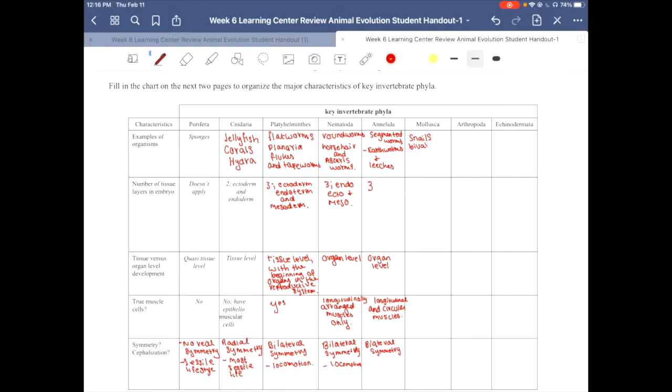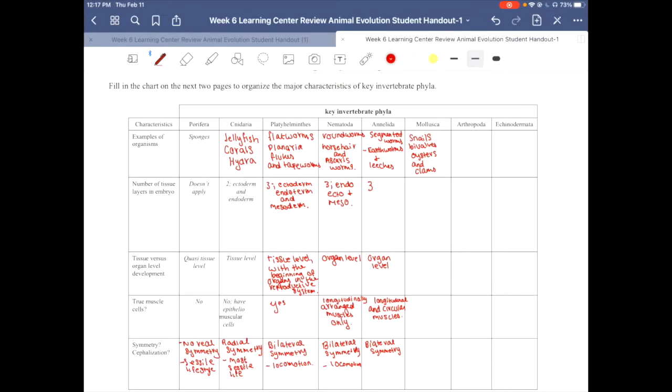Bivalves. And another example that I like are oysters and clams. Yes, that's true. Cephalopods would fall under these.